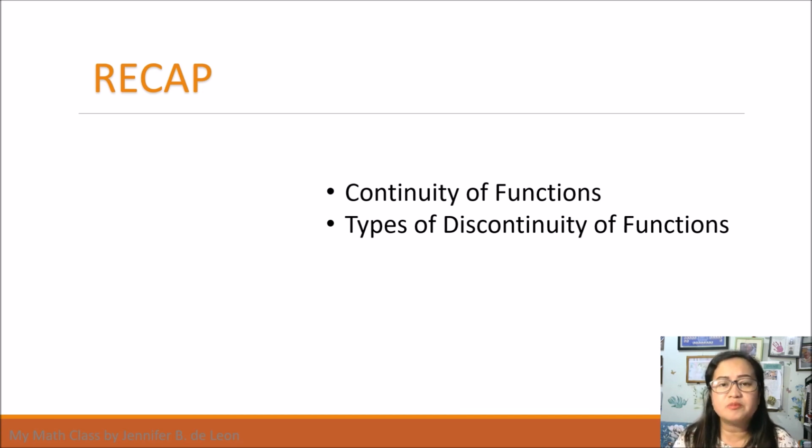Second is the jump discontinuity, in which when we trace the graph, we lift our pen in order to trace the other parts of the graph. Lastly, we have the asymptotic or the infinite discontinuity, which occurs when one of the limits is equal to infinity.